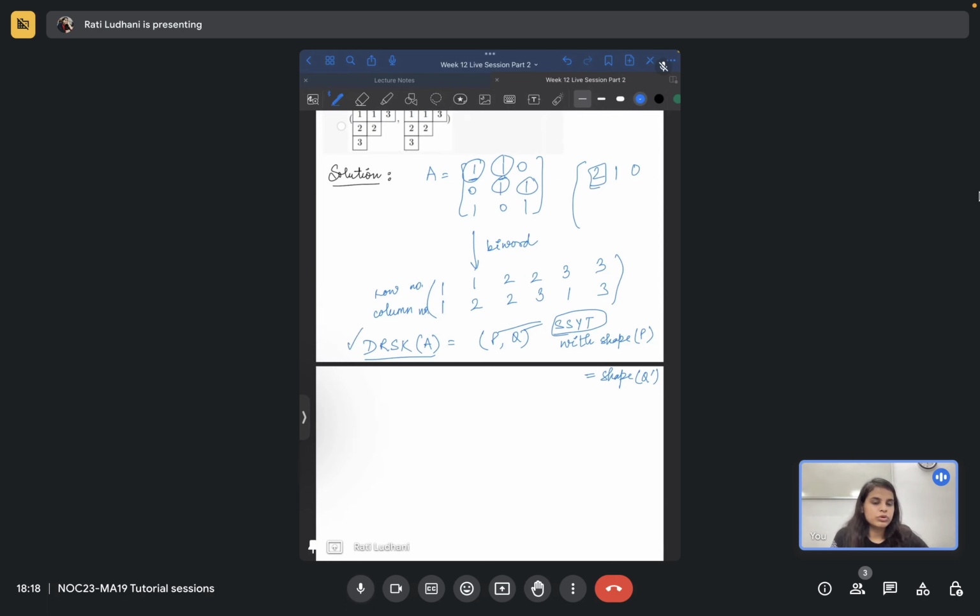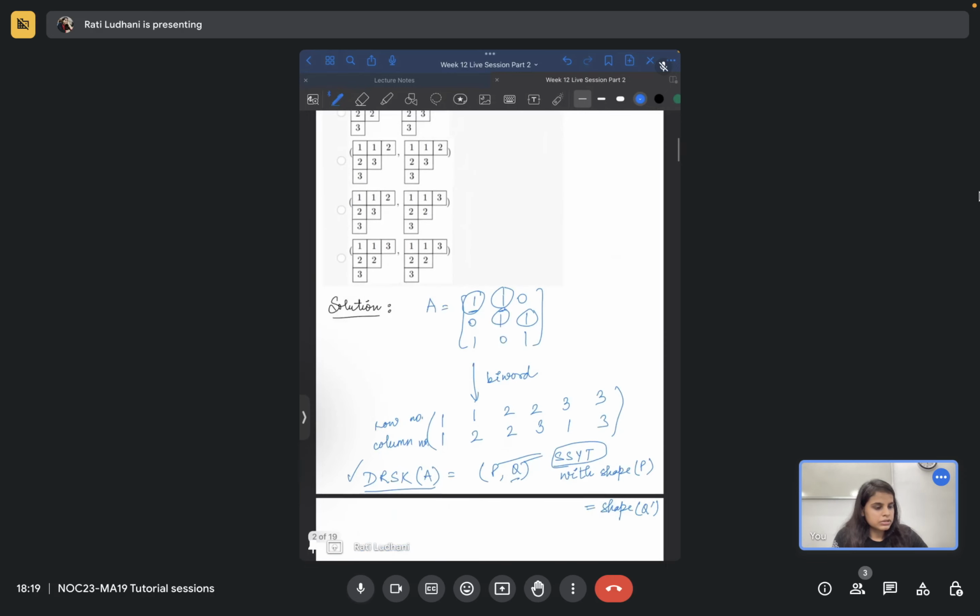Then you won't be able to get Q and P to be semi-standard Young tableaux. If the entries are not just 0 and 1, but something else from the integers, then you won't get a semi-standard Young tableau.